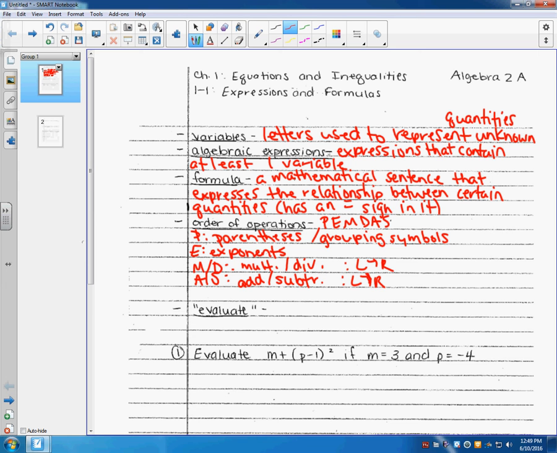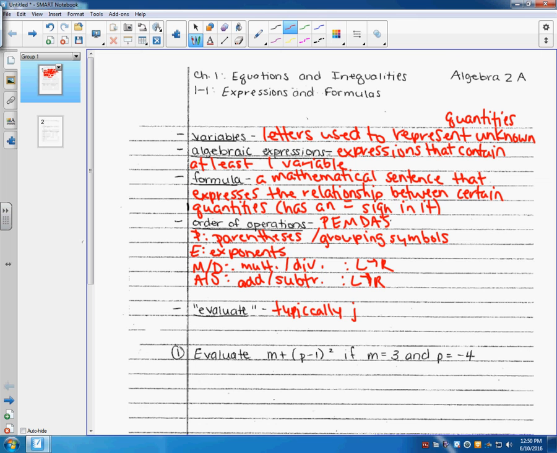Evaluate is probably a word that you've seen before. Evaluate basically just means solve or find the answer, but simplify is probably a better word to think of. So with evaluate, typically you just get a number as your answer and there aren't any letters left. So your answer is like 7, not 7x plus 2. So typically if it says evaluate, you have just a number and no letters.